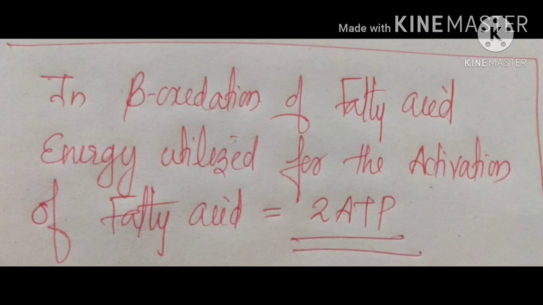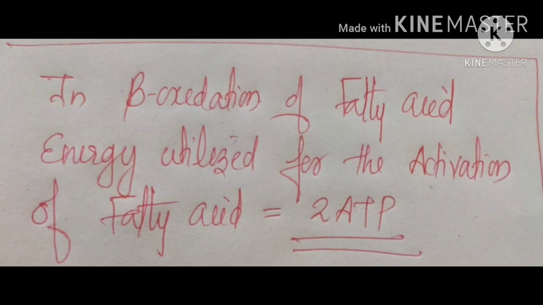So when we calculate the ATP molecules from the fatty acid, we have to consider this also. Here 2 ATP molecules are consumed. How are these 2 ATP molecules consumed? In the activation step, the fatty acid in the cytoplasm reacts with 1 molecule of ATP, and from that ATP, 2 phosphates are added to the fatty acid.